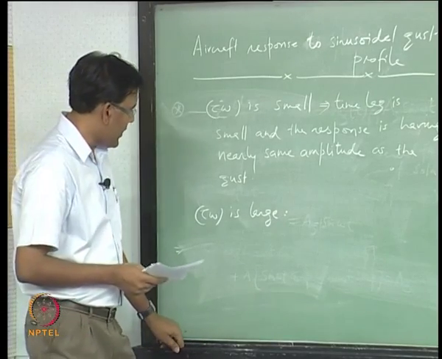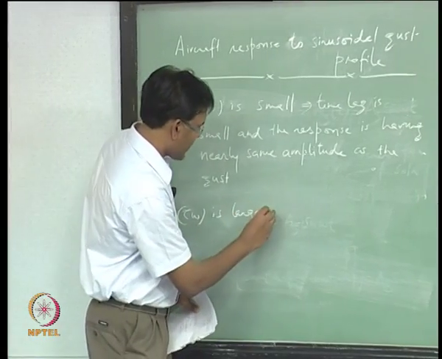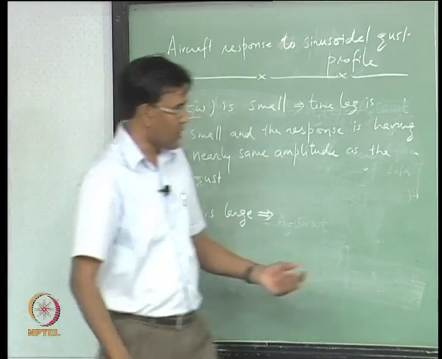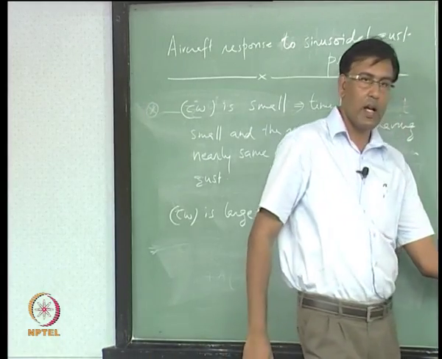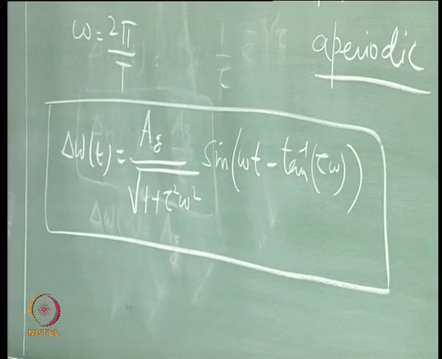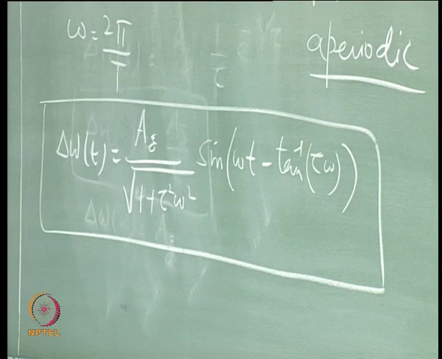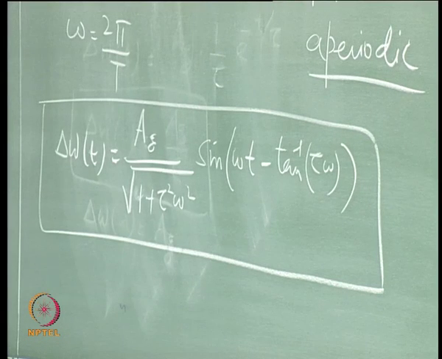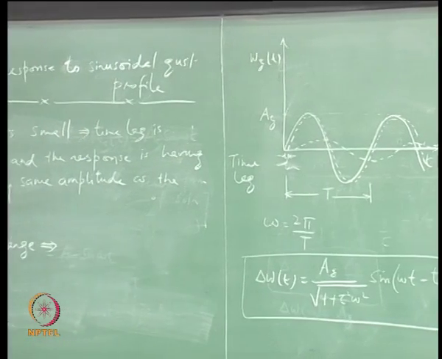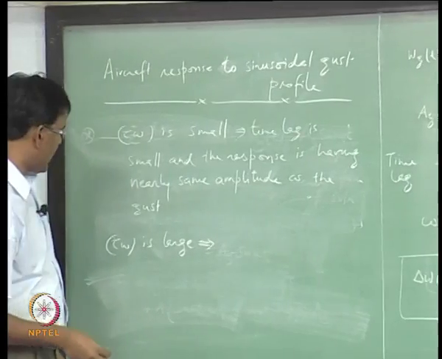So if you go by that argument, then this quantity is going to be large for airplanes having large wing loading, right? And the amplitude of response is going to be flattened, right? Less amplitude as compared to the wind profile.